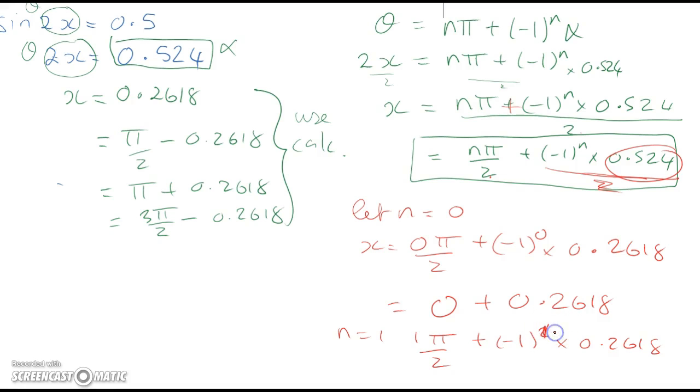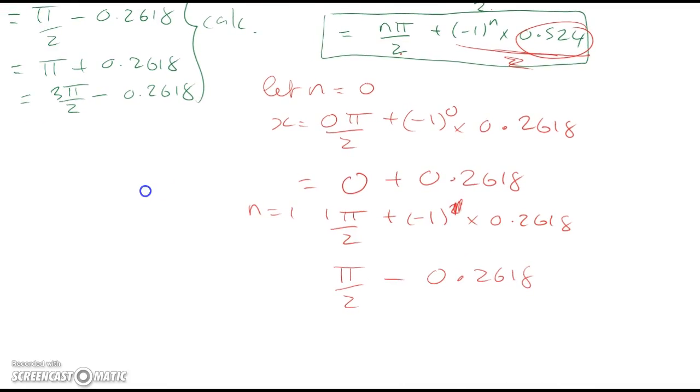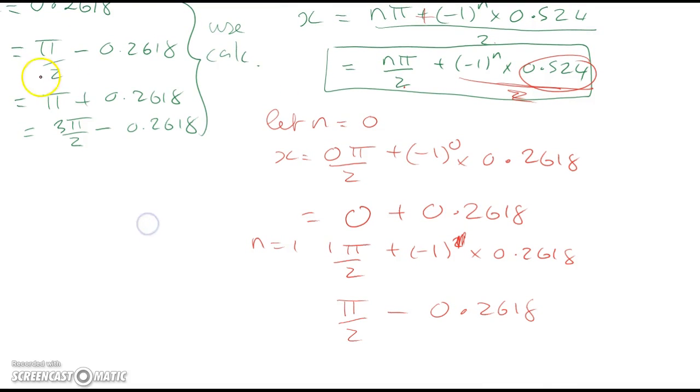Okay, sorry about that. Actually, recording at 10 o'clock at night isn't my best plan. Negative 1 to the 1 is going to get a negative. So I have pi over 2 minus 0.2618, which is the same as what I have over there.